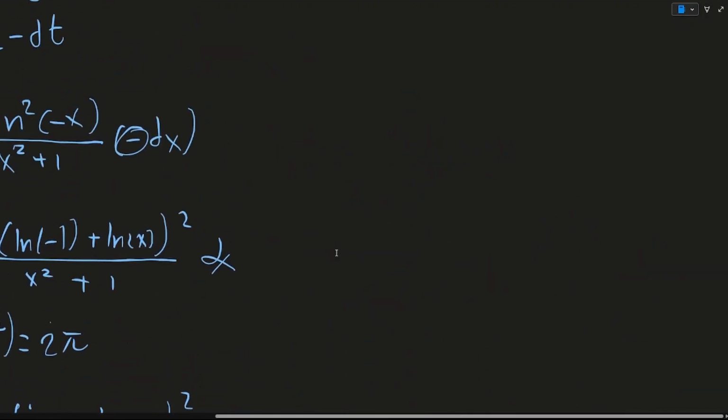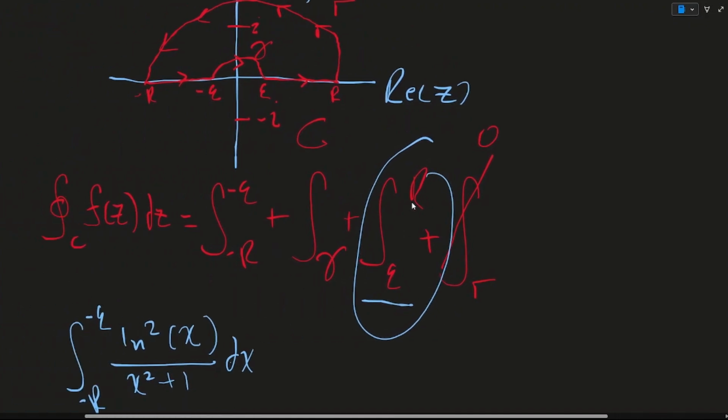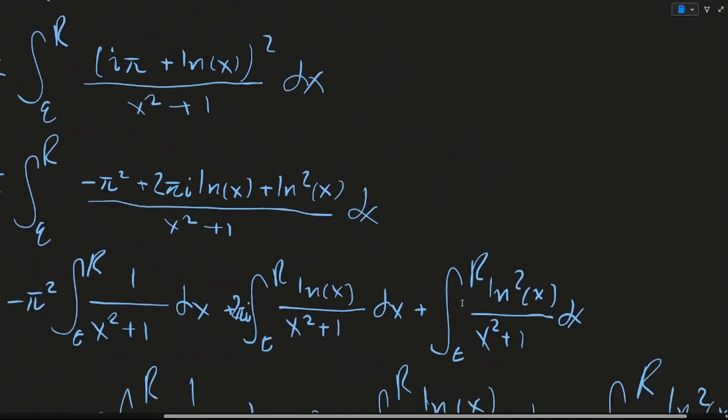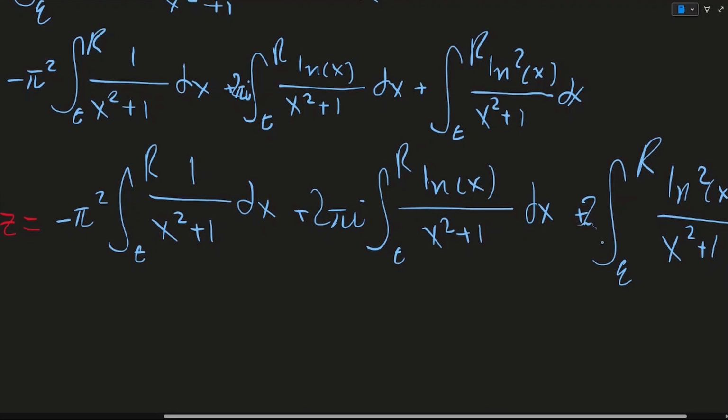But because this was the same as saying the integral from epsilon to r of ln squared of x over x squared plus 1 dx, this is actually 2 times that integral because we have 2 of these and they're equal to each other, so we can just add them up.